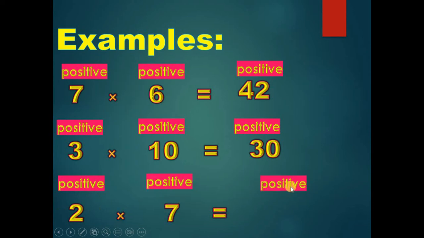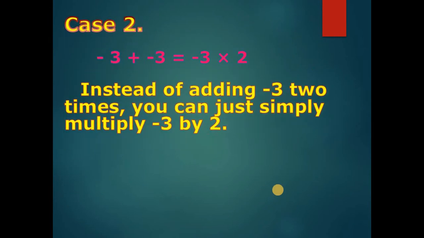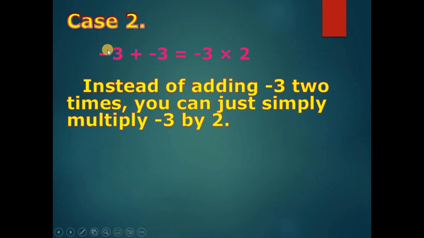The outcome is, syempre, positive. So, 2 times 7 is 14. So, positive 2 times positive 7 equals 14. Ayan. Yan kung paano mag-multiply o yung unang rule na positive times positive equals positive. Okay. Next case.